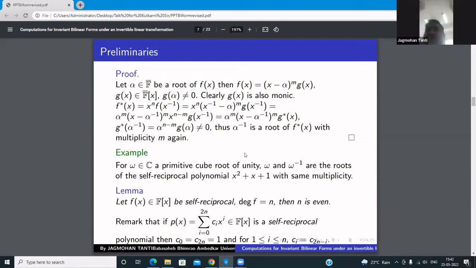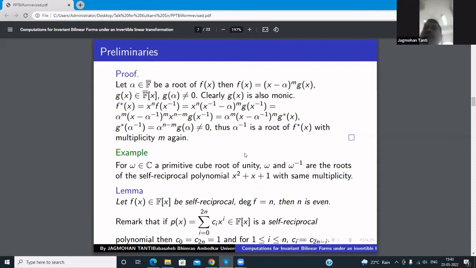So actually, sir, in the next lemma we can see some characterization of self-reciprocal polynomials over a field. If f of x is self-reciprocal and the degree of f is n, then n should be even. This is one condition.